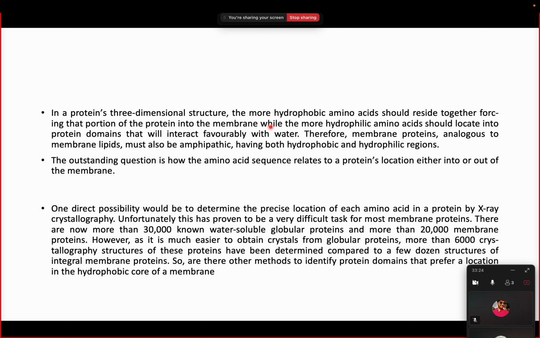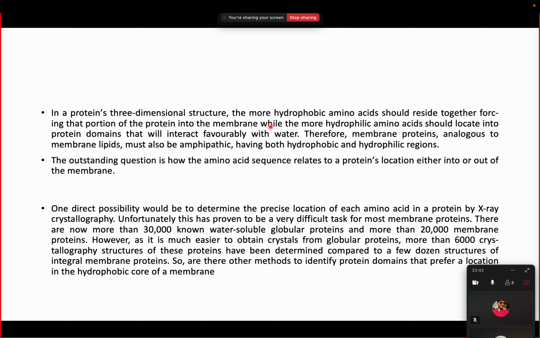That is how the lipid bilayer is formed: all the polar heads are facing towards the water interface and all the tails are facing towards each other, forming that hydrophobic region, right? A similar principle is followed here also.